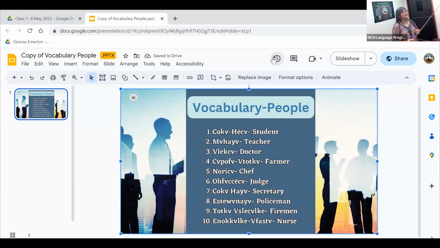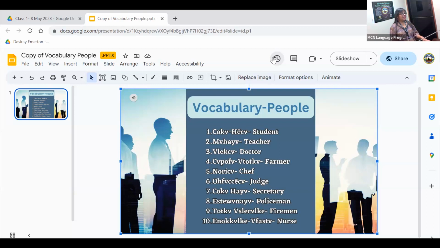But okay, Togahija, student, Mvhayv, teacher, Alikcha, doctor, Chopova, Adotka, farmer, Mvhayv, chef, Chija, judge, Jogahaya, secretary, Istawanaya, policeman, Dotka Aslij Olgi.